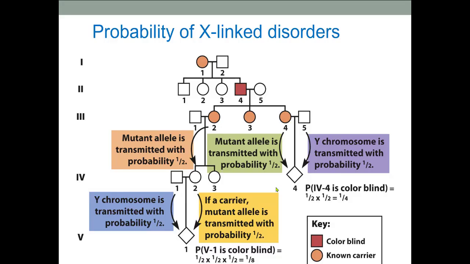If we go up here at the top, let's look at individual 4 here to the right in generation 4. Okay, what's the chance that that individual is going to be colorblind? Now, colorblind is a sex-linked trait. It's recessive. It's on the X chromosome.